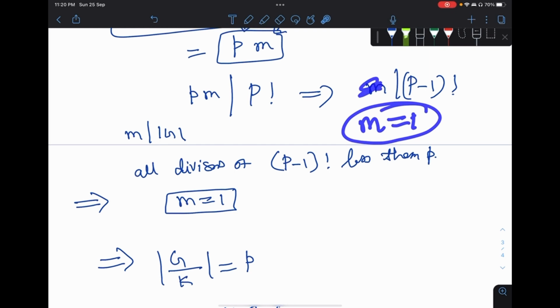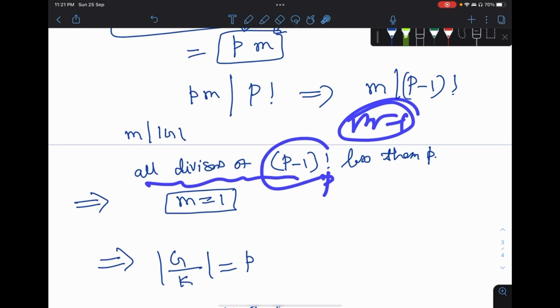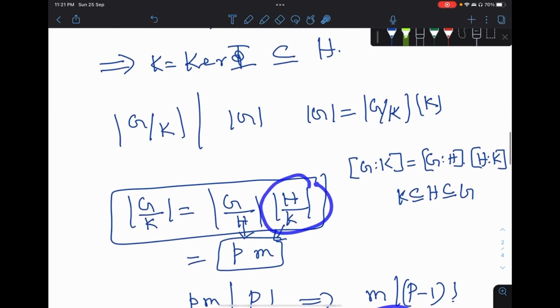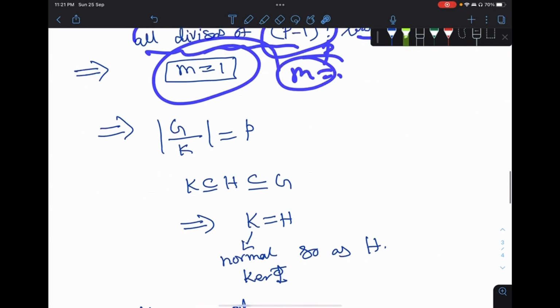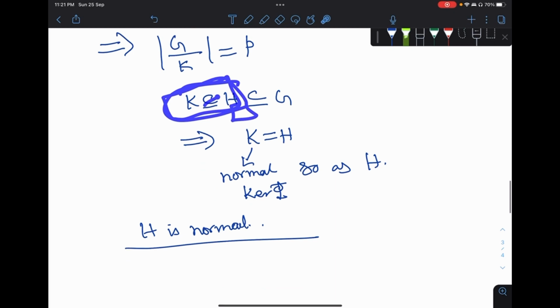If some prime factor were involved here, it would be smaller than p, and that would contradict the assumption. So m must be 1. All the divisors of p minus 1 are also less than p. And m equal to 1 implies this portion, G by K, is identical to G by H. So k equals h, and being a kernel, K is normal, so is H. So this is done.